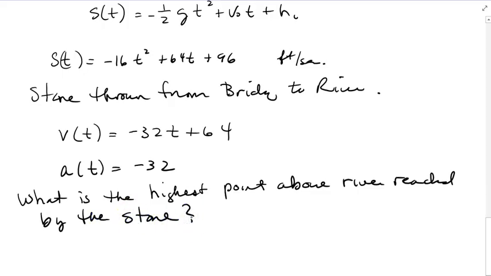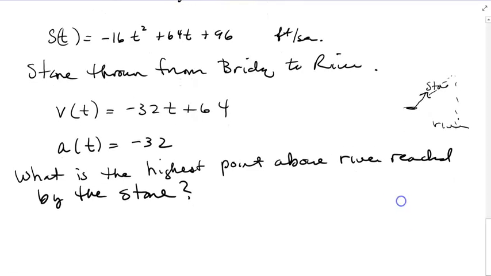I know I didn't put the full problem down, but the idea is you're throwing a stone up, and then it falls from the bridge into the river. So you've got the bridge, the river's down here, the stone is going up. It's going to hit a peak and then it's going to come down. So we want to know the highest point that that stone actually gets to.